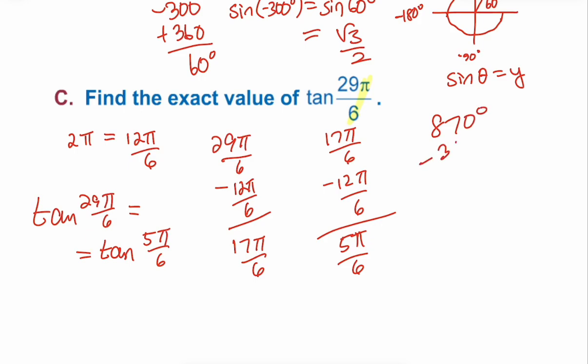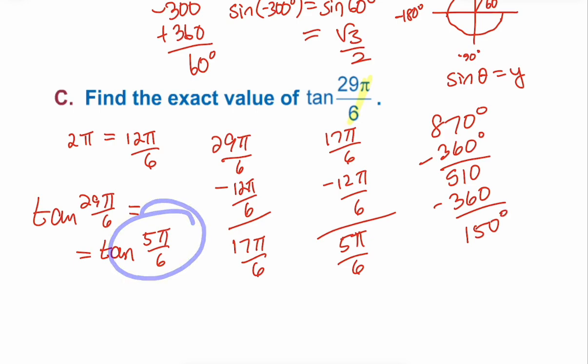If I minus 360, which is exactly what I did here by subtracting 12 pi over 6, 870 minus 360 is 510. Still too big. Subtract 360 again. I get 150 degrees. What is 5 pi over 6? 150 degrees. 5 times 30 is 150.